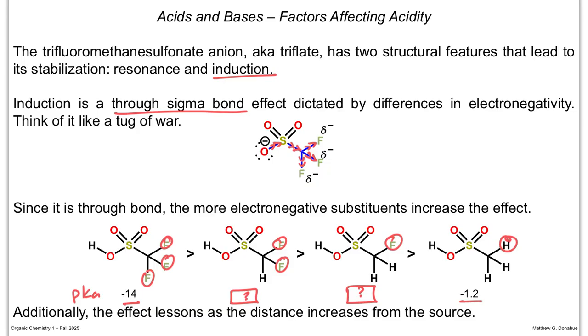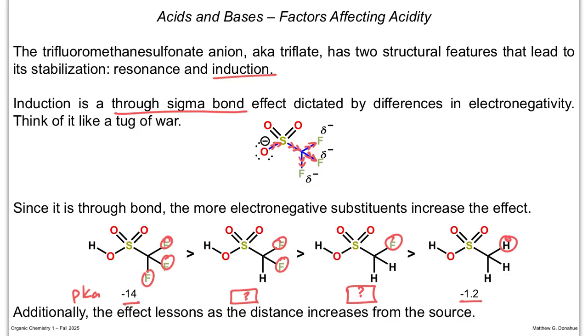So if you have this electronegative element and you keep moving it further and further away from the acidic site, the magnitude of that induction decreases. So if you start putting a bunch of carbons in between the acidic site and the electronegative site, it doesn't have that great of an effect.